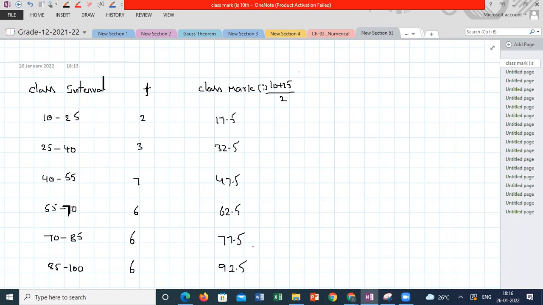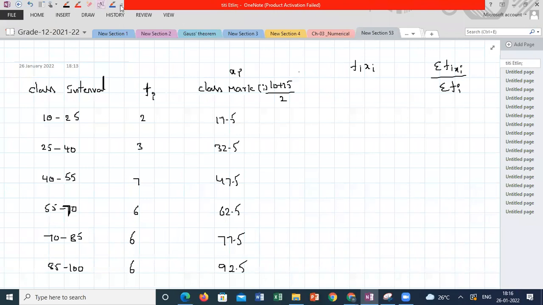Till here it is common. In the direct method, this is your Fi, this is your Xi, and we calculate the Fi Xi value. So sigma Fi Xi divided by sigma Fi is the mean for the direct method.